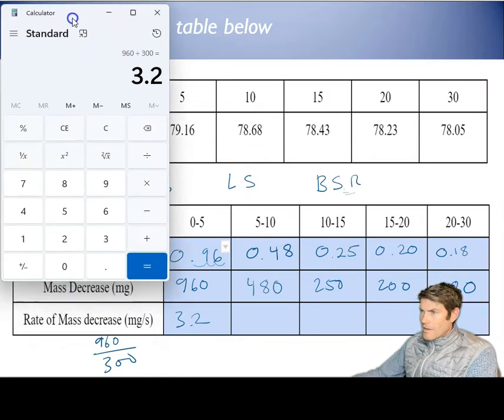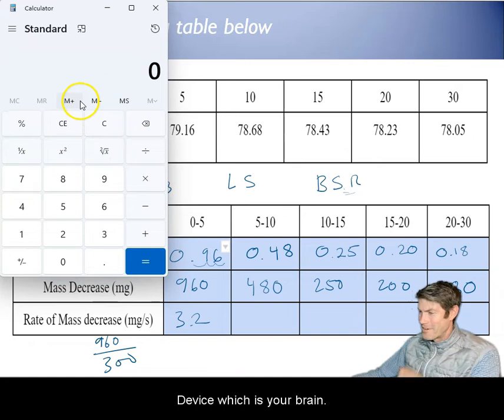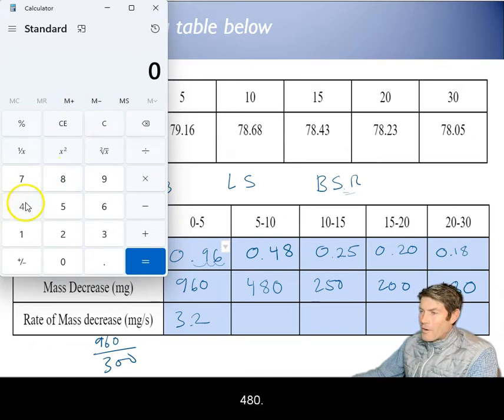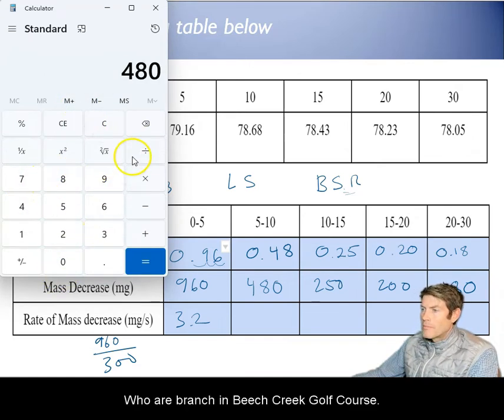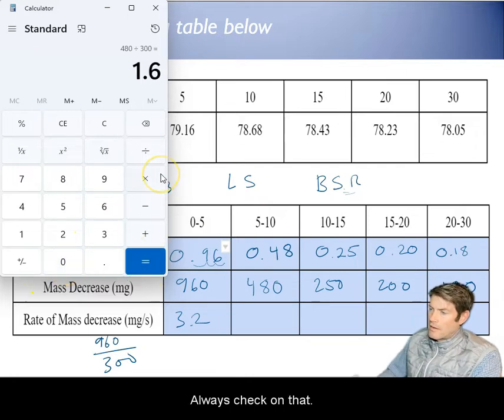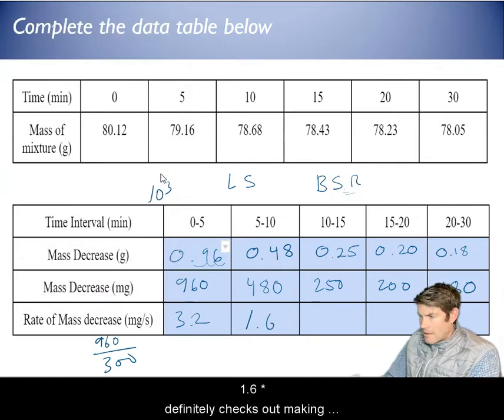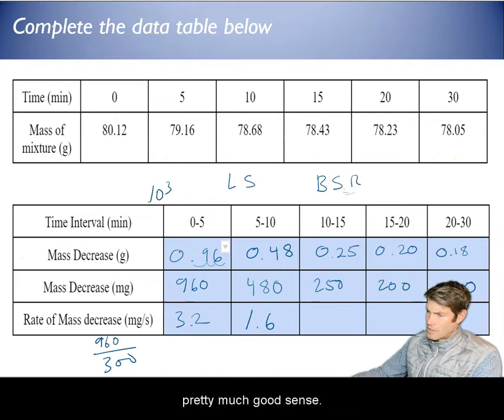Check it on your sense-making device, which is your brain. 480. Well, our brain can be tricked, of course, so we gotta always check on that. 1.6 times, and that definitely checks out, making pretty much good sense.